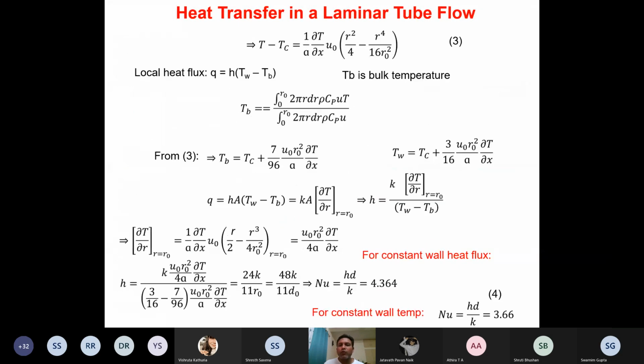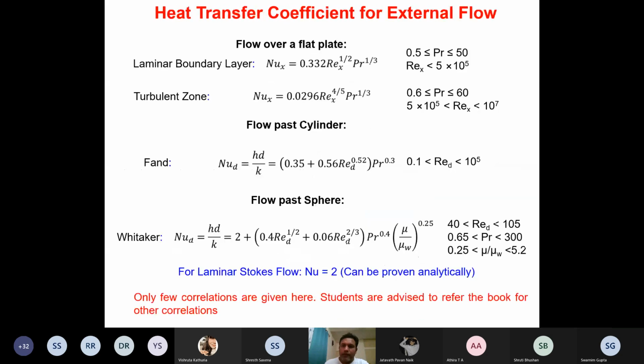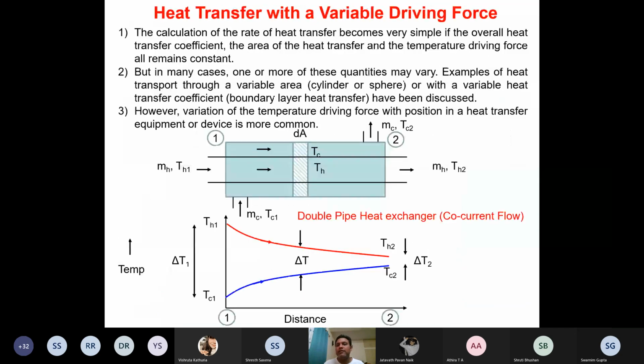Then we said that though we know the correlations, there are some cases in which not only do the properties change, but the temperature gradient also changes along the length. For example, in a double pipe heat exchanger, the temperature difference between the two streams changes as we move along the length of the pipe.